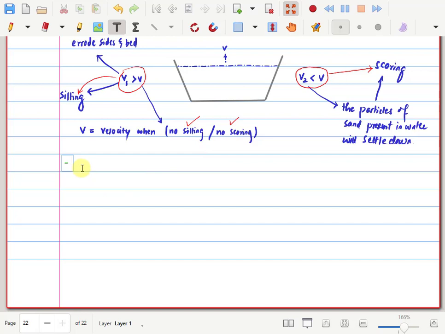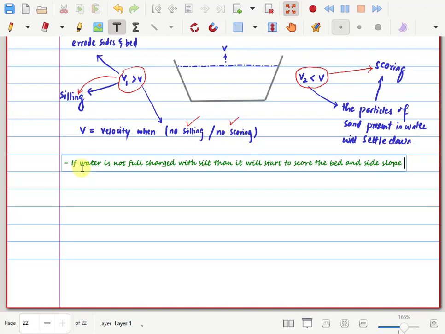What are they? We can say that if water is not fully charged with silt, then it will start to score the bed and side slope of canal.